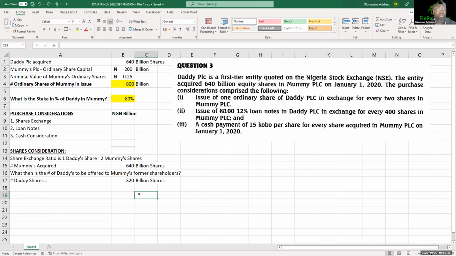Okay. If there's no question, therefore the question then is, what is the fair value of Daddy's shares offered as consideration?